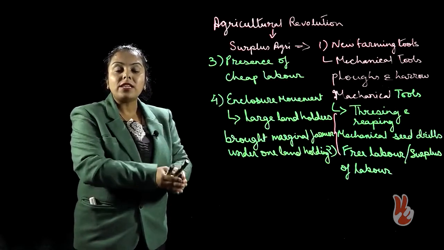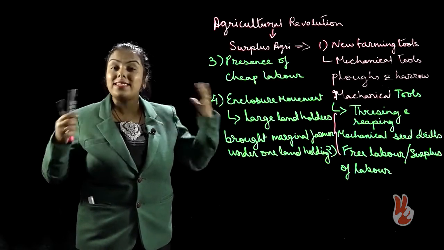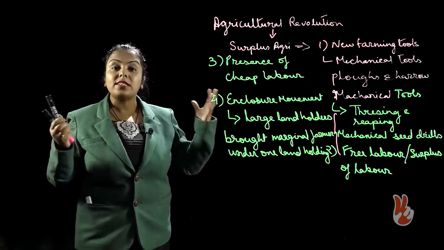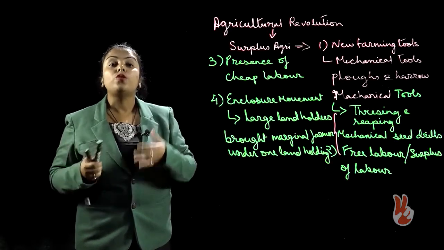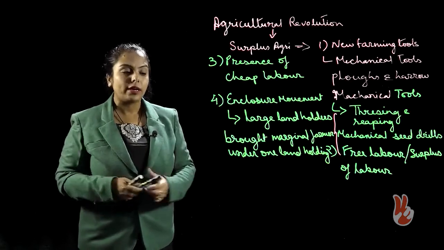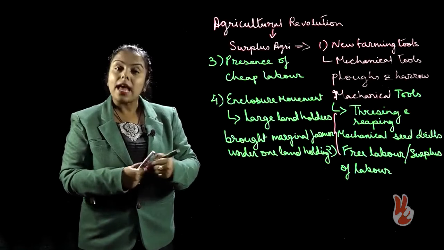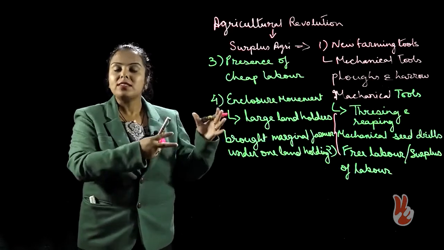The small marginalized lands were now converted into large estates, and these large estates resulted in a lot of land being used for the cultivation of particular crops. And what were these particular crops? At that time industries needed cash crops. What is a cash crop?